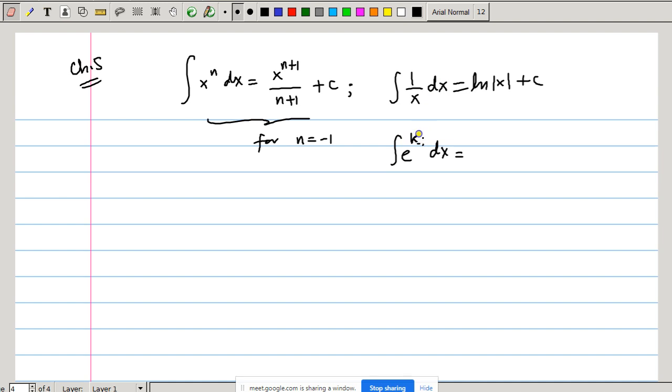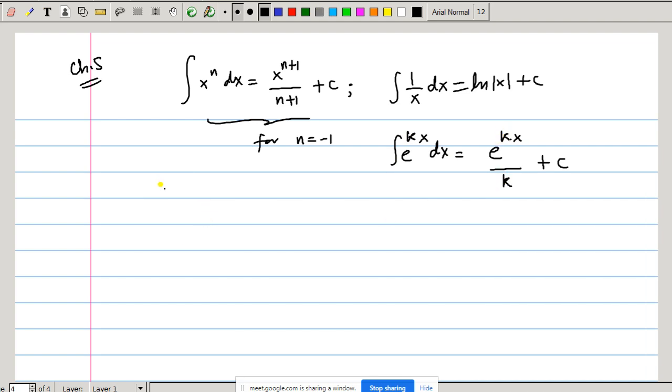Okay, if you have just e to the power kx, we know that the integral of e to the power kx is the same as e to the power kx, but we divide by k. So only this k will get divided. This k comes down.